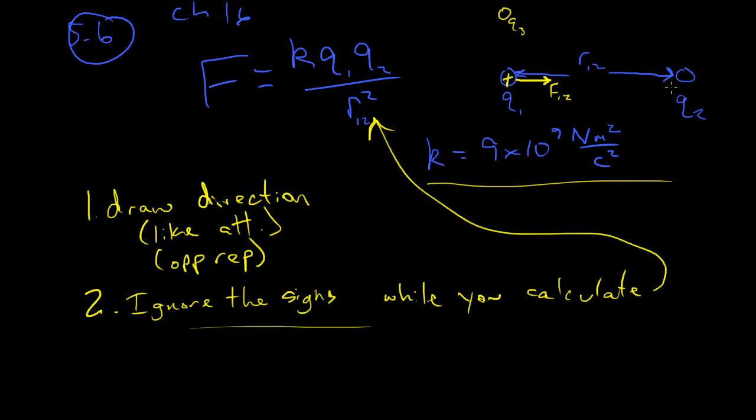Let's say this is positive, this is negative, and this is also positive. It's going to feel a repulsive force from Q3, so you draw that like this, the force on 1 from 3. The net force on this is just going to be these two vectors superposed. It means you add them like vectors. And if you need a vector review, Chapter 3 is a good place to look.